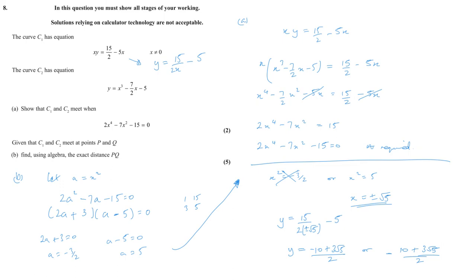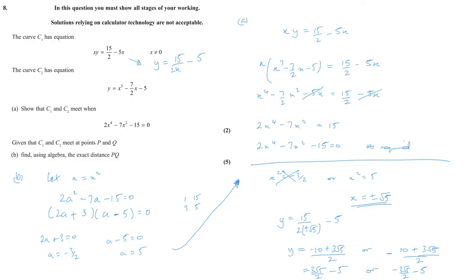So just sorting these out, this is 3 root 5 over 2 minus 5, and this is minus 3 root 5 over 2 minus 5.